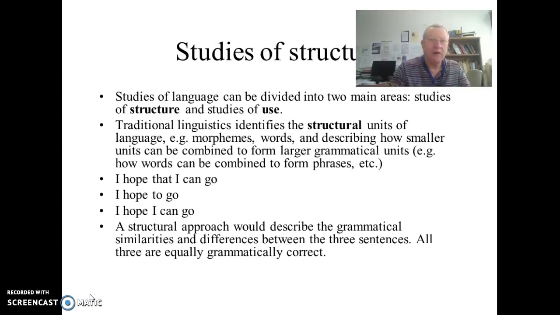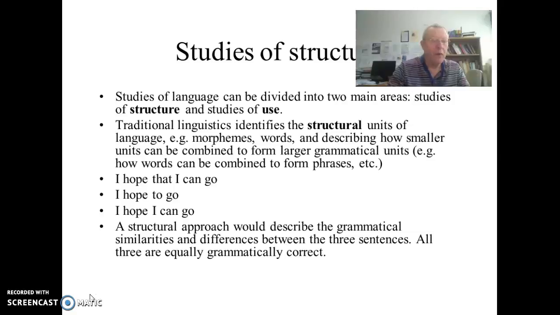Studies of language can be divided into two main areas: studies of structure and studies of use. Traditional linguistics identifies the structural units of language. These may be morphemes.